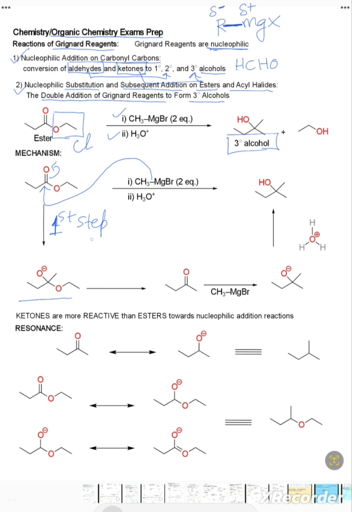This first step is the addition of Grignard reagent. The second step is the substitution step, where the tetrahedral intermediate collapses and the leaving group leaves as ethoxide ion. So this step is the elimination.